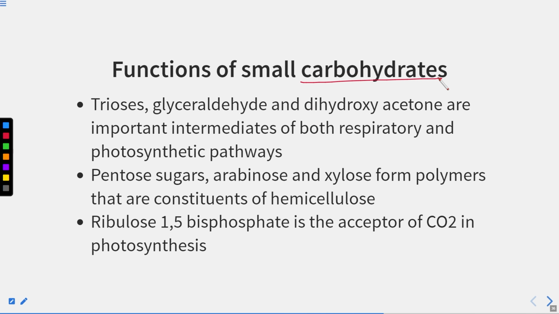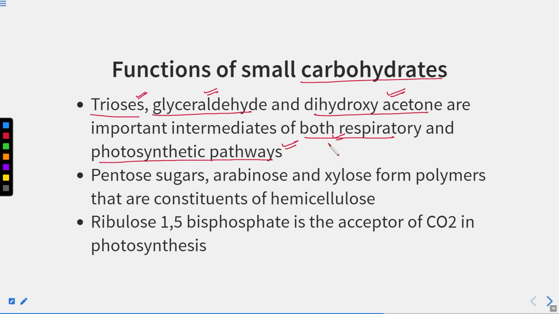Functions of small carbohydrates. Trioses, glyceraldehyde and dihydroxyacetone, are important intermediates of both respiratory and photosynthetic pathways. If you study photosynthesis or respiration, you will see triose phosphate is formed, glyceraldehyde is formed, and dihydroxyacetone phosphate is formed in glycolysis.